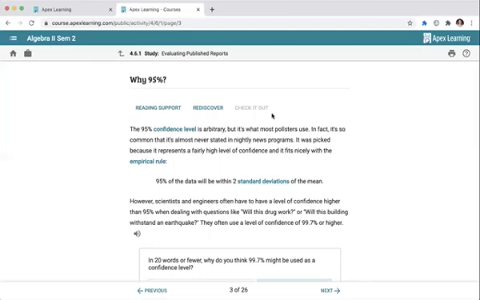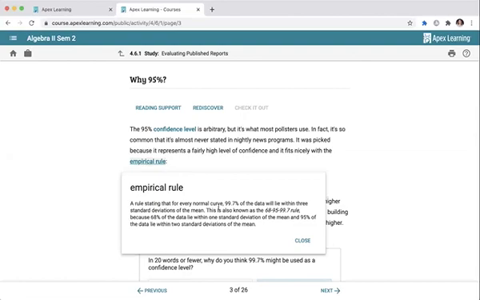And again, the reason that 95 was picked is because of this empirical rule. Looking back to yesterday's discussion, we talked about our 68, 95, 99.7 rule, which refers to 1 standard deviation, 2 standard deviations, and 3 standard deviations away from our mean.